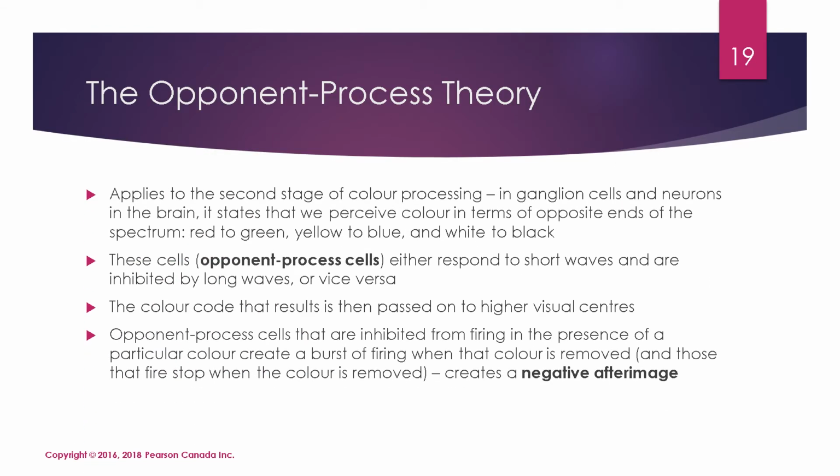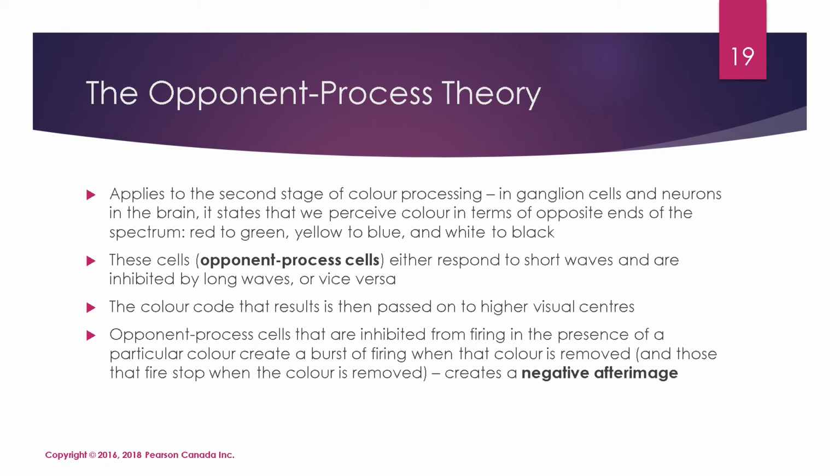The opponent process theory, on the other hand, applies to the second stage of color processing. So the trichromatic theory is occurring within those three types of cones, so that's occurring within the retina itself. Then once the light wave information is translated into a neural impulse and starts to be sent back towards the brain for processing, as I mentioned earlier, it goes from the cones to the bipolar neurons and then to the ganglion cells.